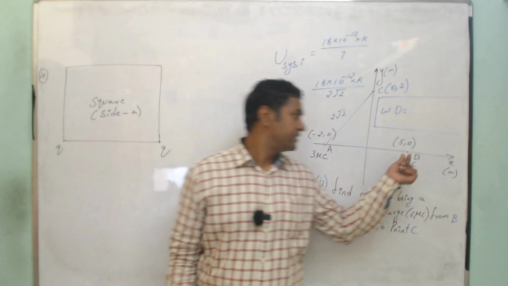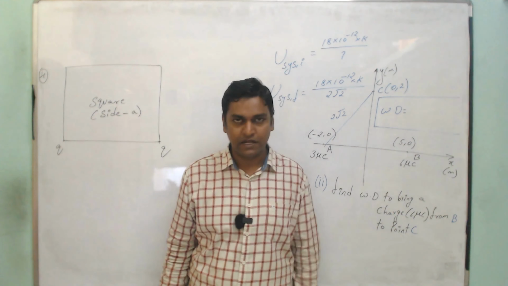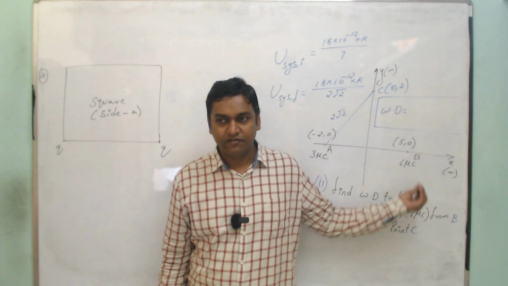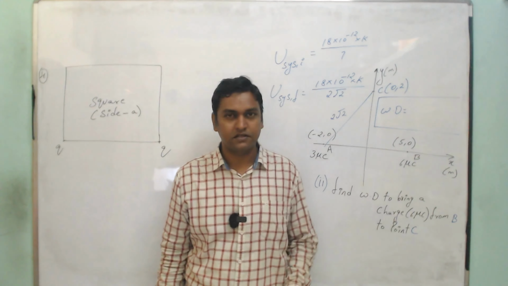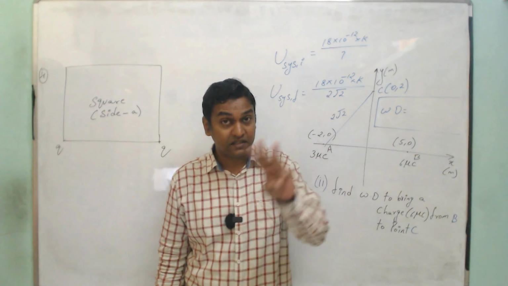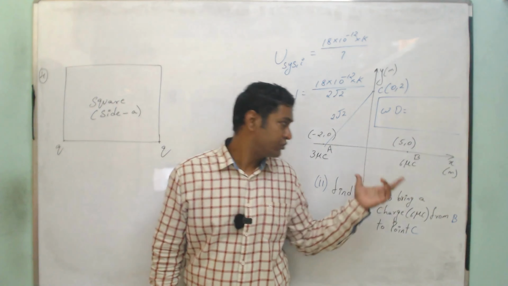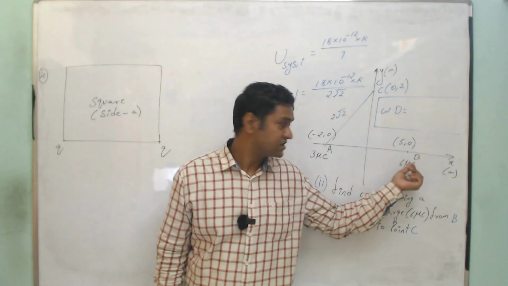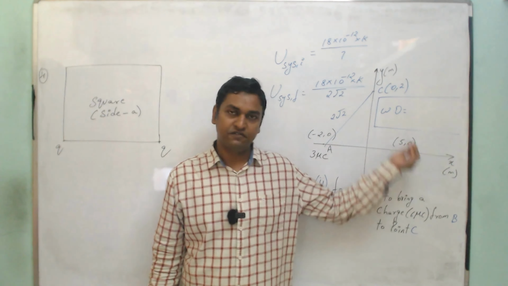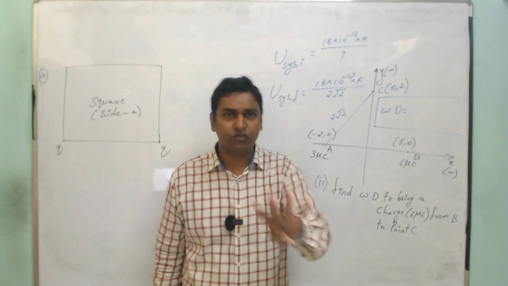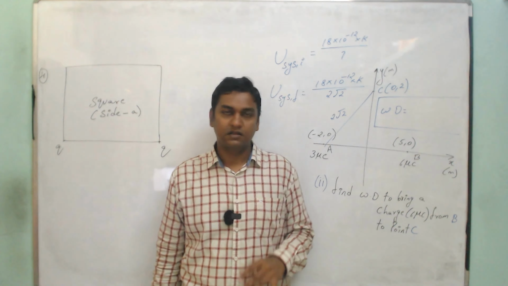What I'm trying to say is, suppose when the charge is at B, the system has 7 bananas. Yes, sir. When the charge is at C, if it has 10 bananas, that means I have given 3 bananas. Or suppose initially when the charge is at B, the system has 7 bananas, and when I shift it to point C, it has 4 bananas. That means I have taken 3 bananas. Yes, sir. Story is simple.